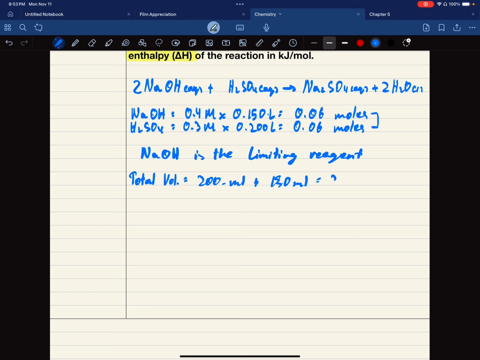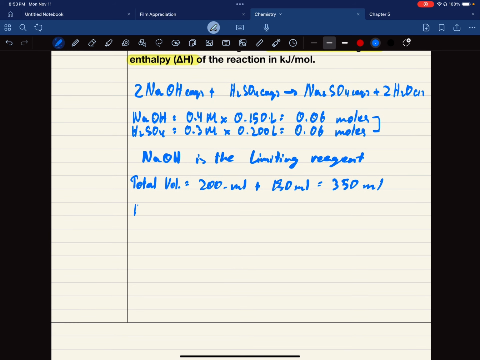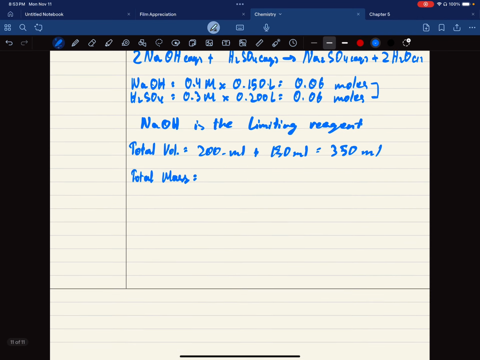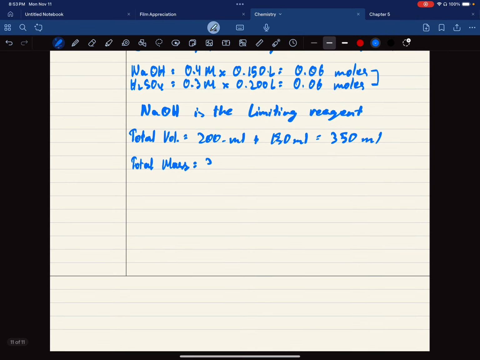That gives us 350 mL. Next is the mass of the solution. So total mass, assuming that the density is 1 gram per mL as given in the question, means it is 350.0 grams.